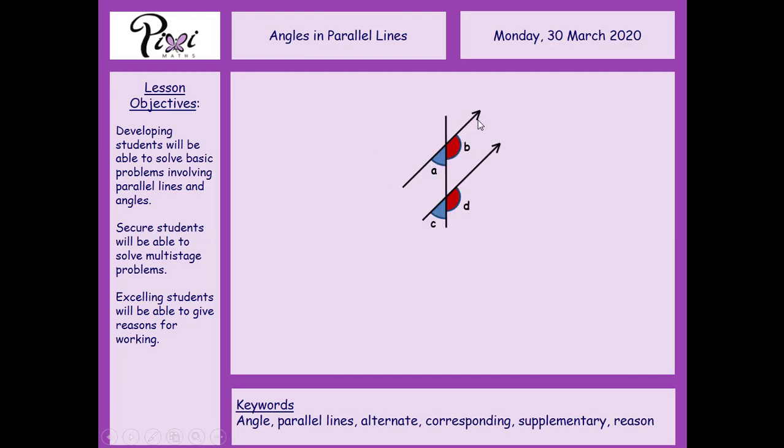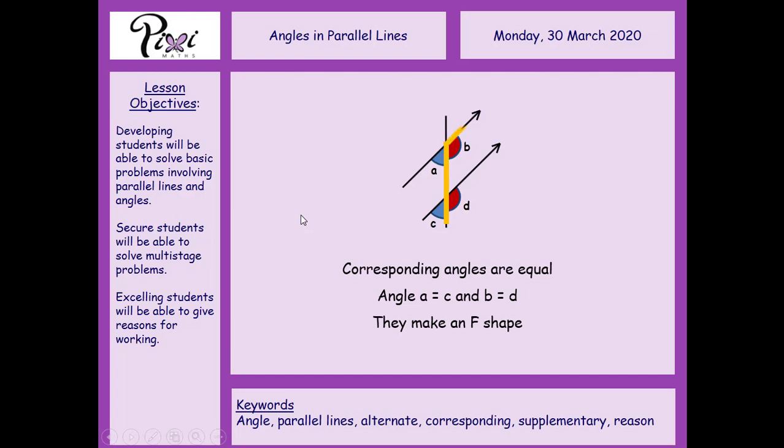The next one, here we have two parallel lines and you can make an F shape. Look, B and D are equal, the same thing. I know the left side doesn't form F. Actually, it looks like it.